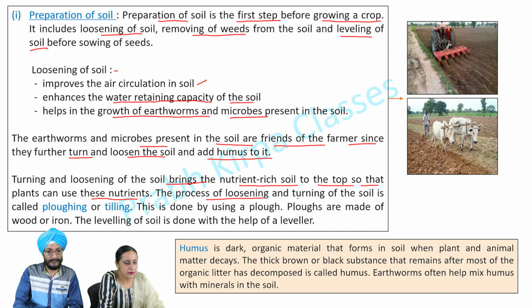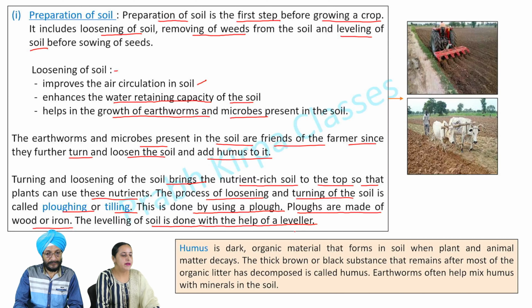The process of loosening and turning of the soil is called plowing or tilling. This is done by using a plow. Plows are made of wood or iron. The leveling of soil is done with the help of a leveler. In the given picture, you can see that the soil is being prepared for growing a crop.